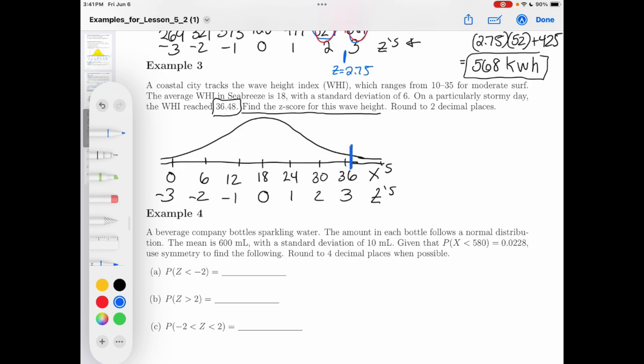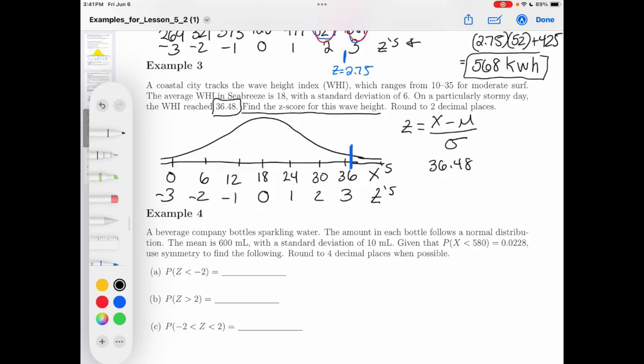So when I calculate my value of z, it should be a little bit over 3. My z value is the data value minus mu, divided by the standard deviation. I'm going to put in my value for x, which is 36.48.